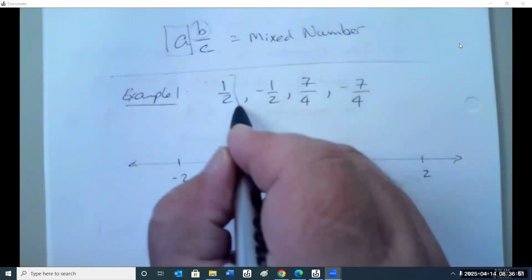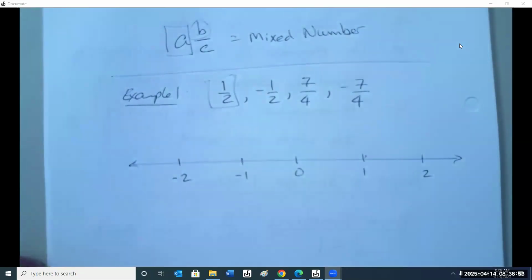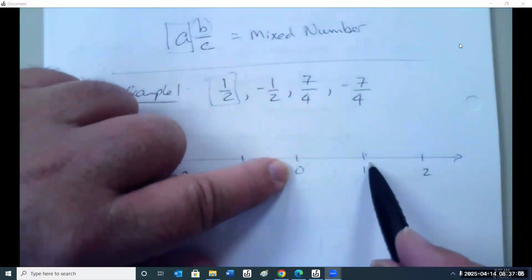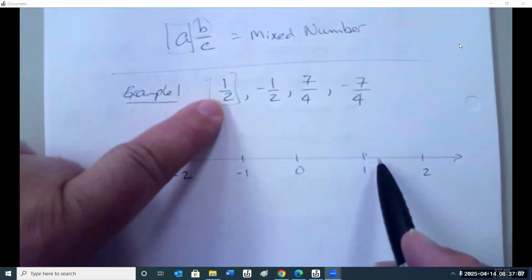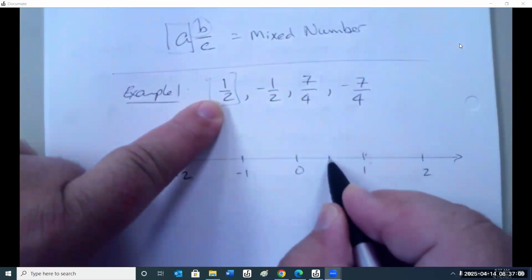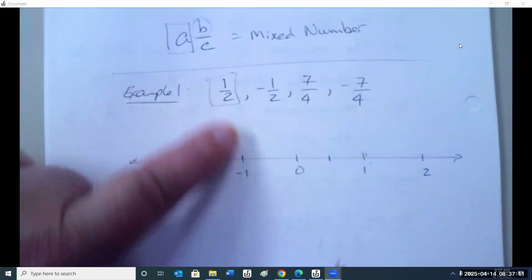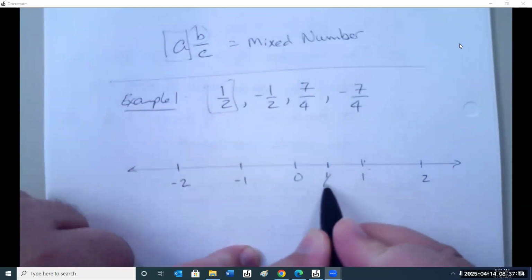How do we find 1/2? Is it a proper or improper fraction? It's proper, that means what? It's less than 1. So we know it'll be somewhere between 0 and 1. We cut that into 2 parts. So 1/2 is right here.